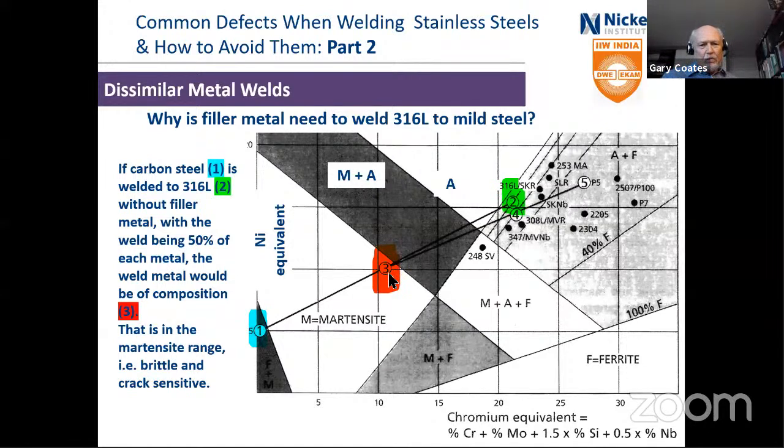The weld metal will lie in this red area, the number 3, being 50% of the carbon steel, 50% of the stainless steel. Now, the mild steel actually melts preferentially to the stainless steel, but for these purposes, it's roughly correct. So we're into the pure martensitic zone.